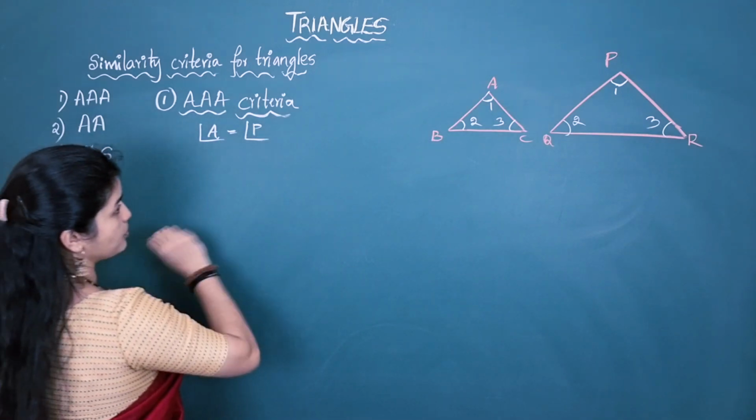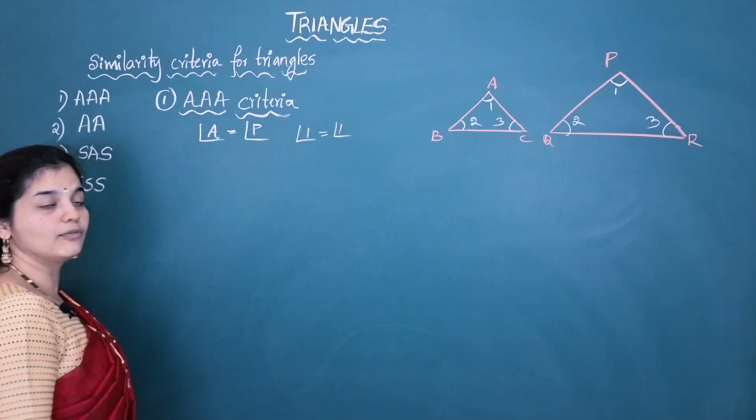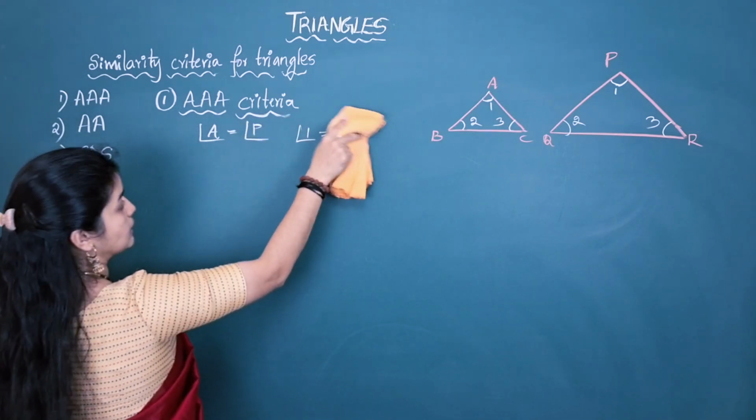Angle A should be equal to angle P, that is angle 1 should be equal to angle 1 in the other triangle.